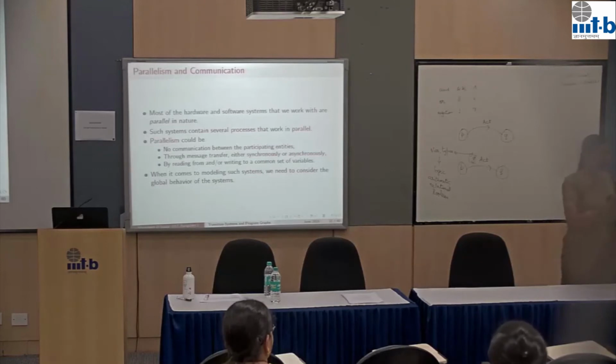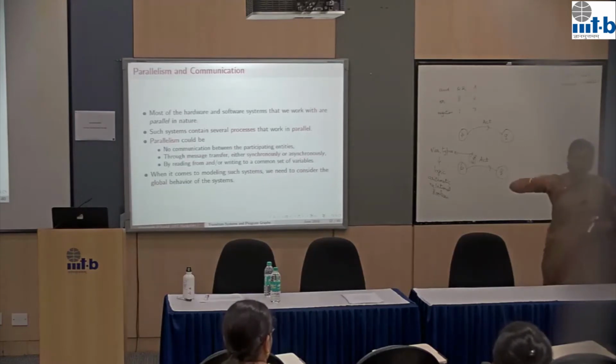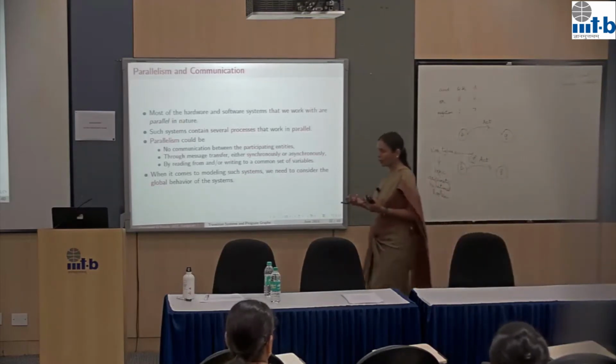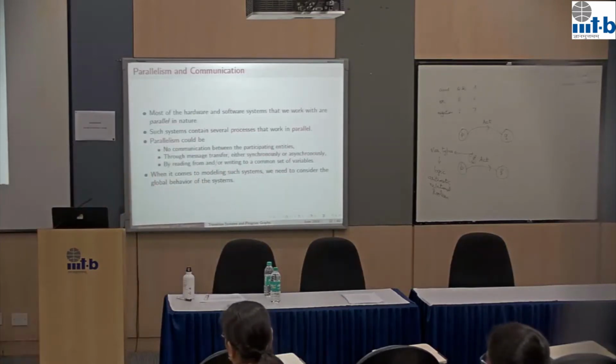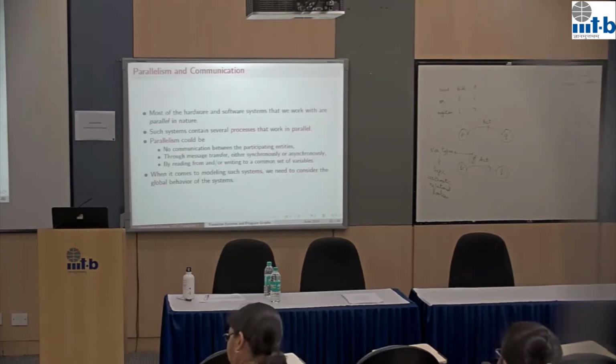It will communicate with the process that supplies weather data, with the process that supplies terrain data, with the process that supplies ATC commands, air traffic control commands, and so on, right? So they have to talk to each other in a distributed system. In classical operating systems and distributed systems terminology, there are 3 or 4 standard ways of talking to each other. One is they don't talk to each other at all. That's the simplest thing, right? You might wonder why they exist if they don't talk to each other, but when we develop the theory, we develop it because otherwise somebody else will write a paper that talks about them not talking to each other, right?